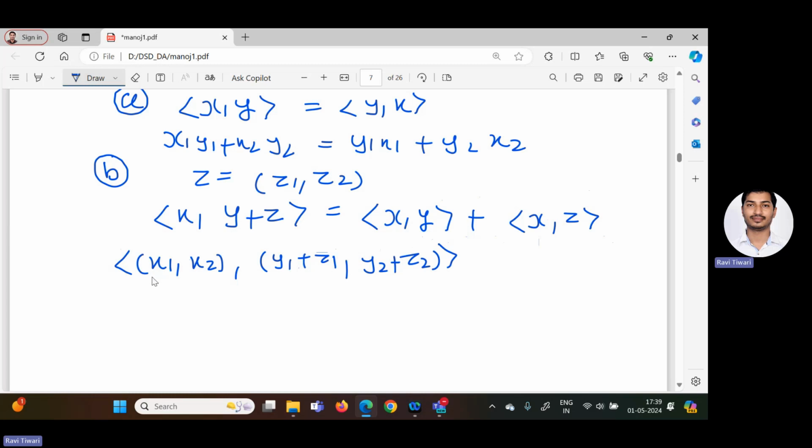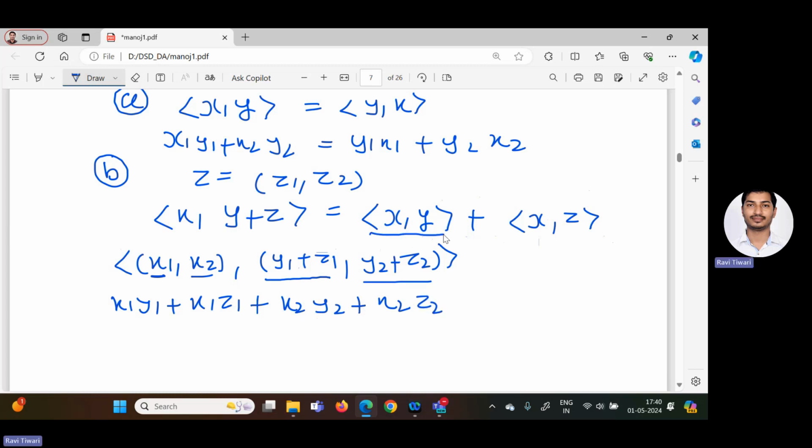The first component must be multiplied with the first component, and the second component with the second component. So we get X1 multiplied with Y1 plus Z1, which is X1 Y1 plus X1 Z1, plus the second component multiplied with the second component, X2 Y2 plus X2 Z2. So this is the left hand side.